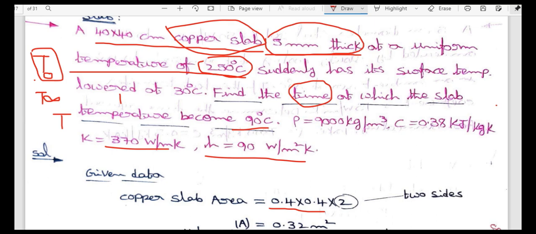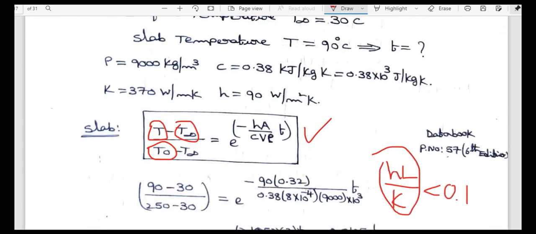Find the time at which the slab temperature becomes 90. So here time dependent means small t. So here small t is 90. Now I can substitute T is equal to 90 and ambient temperature is 30 and T naught is equal to 250 from the given problem.